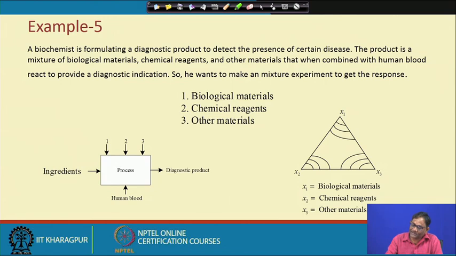So, in that case this kind of design we will adopt. So, here you see x1, x2, x3, the three materials which will be mixed, and this is known as mixture design, and there is good literature available on mixture design, which also comes under experimental design.